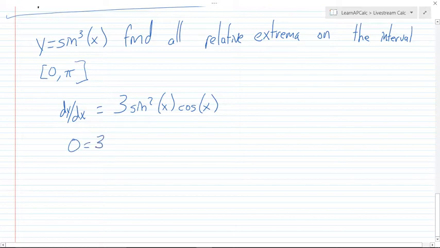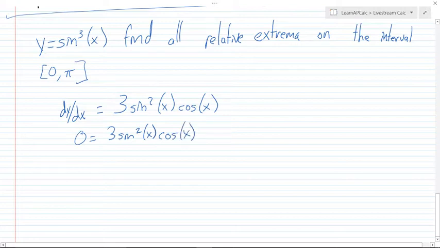Alright, so this is already factored, so I can say the following. I'm sorry, I sort of jumped ahead. First I want to set my derivative equal to 0, and now solve for x.